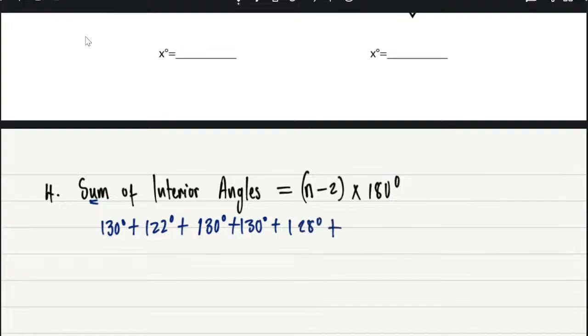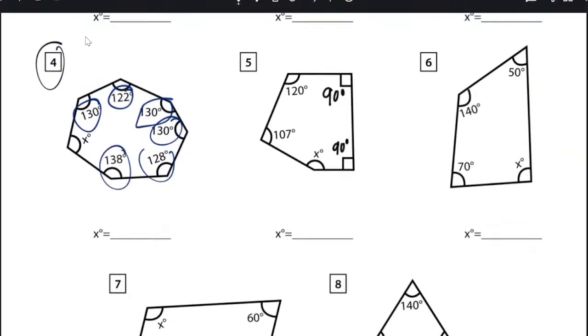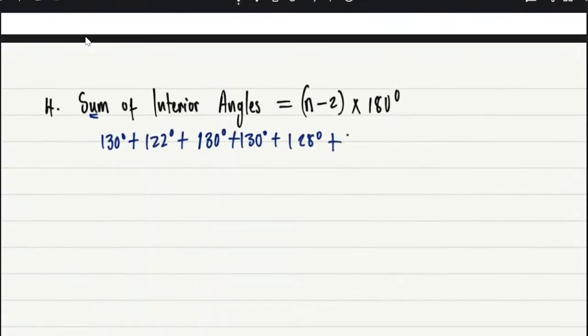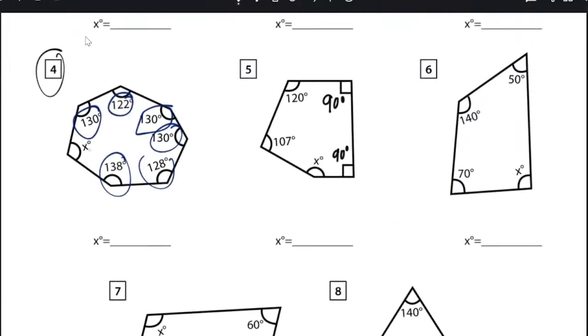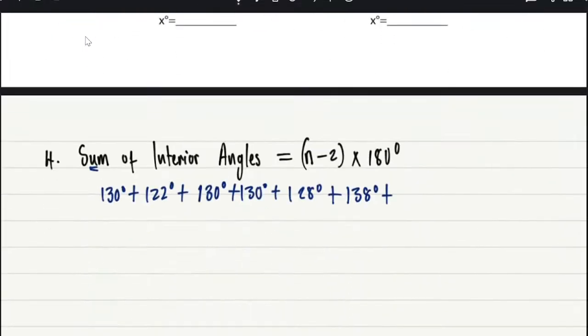Plus you move on, what do you see next? 138 degrees. Plus you move back, what do you see? x. So you say plus x, and this should be equal to n minus 2 times 180 degrees.